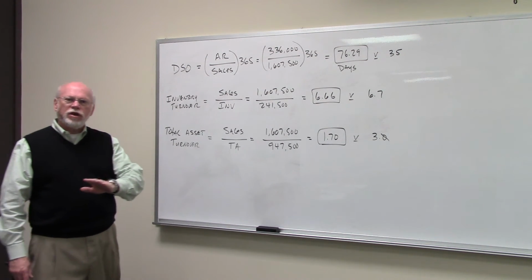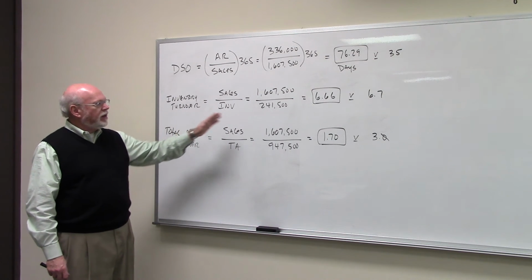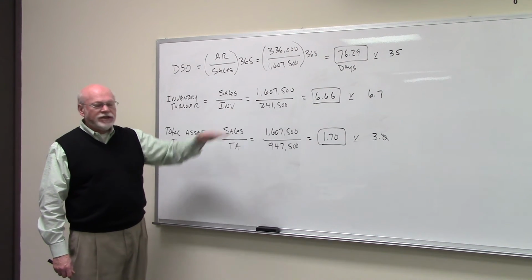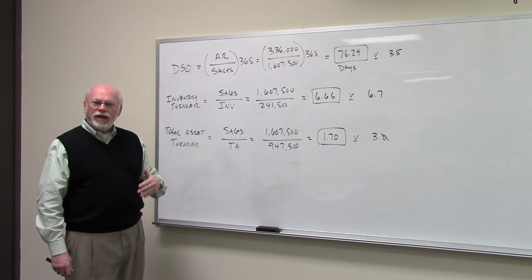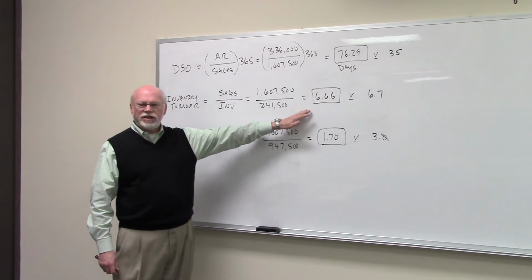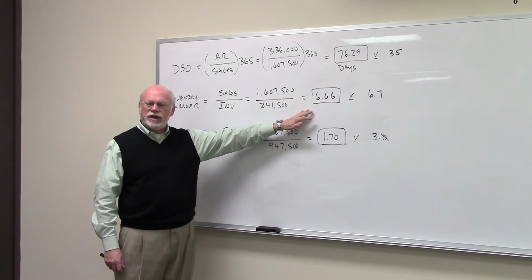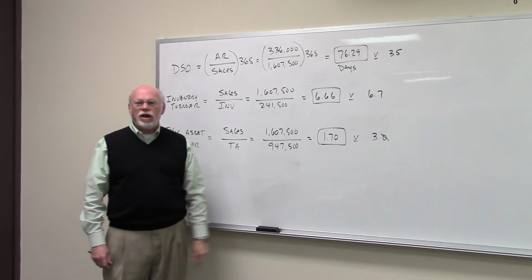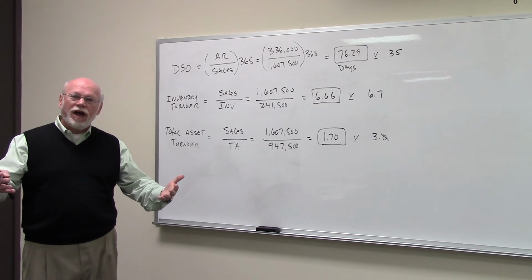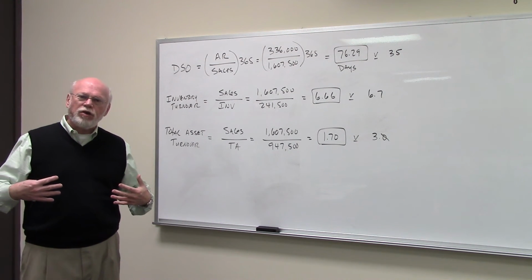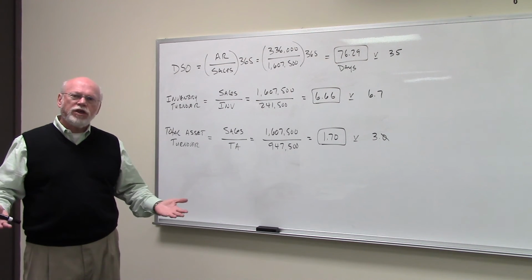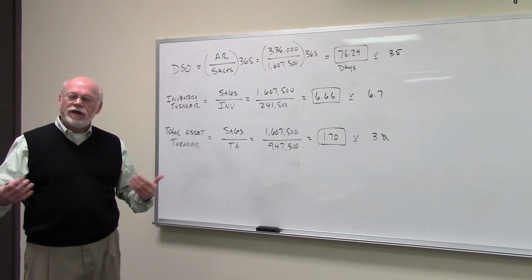Another thing you should consider when you look at an activity ratio like this is that for every dollar that Berry Computing has invested in inventory, it's generating $6.66 in sales. Clearly, you'd want your company to generate as many dollars in sales for every dollar you have invested in assets. So again, inventory turnover, you like this number to be higher as opposed to lower.